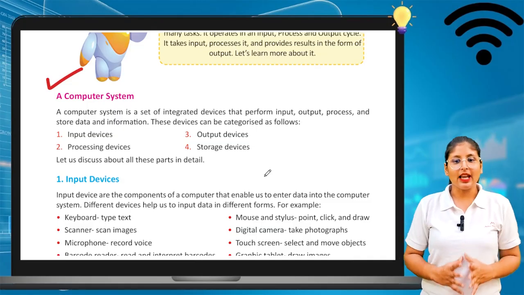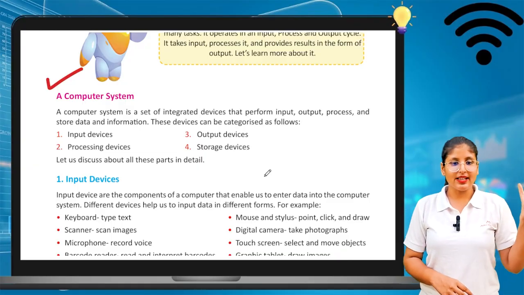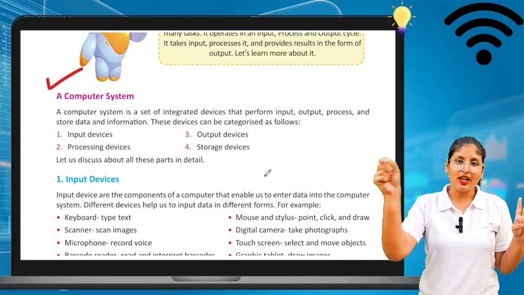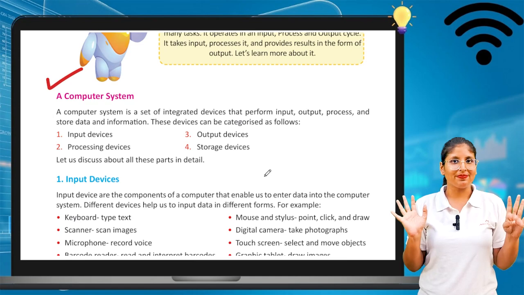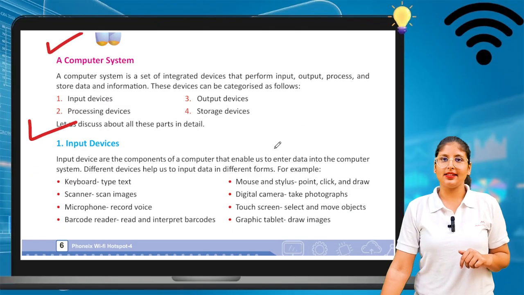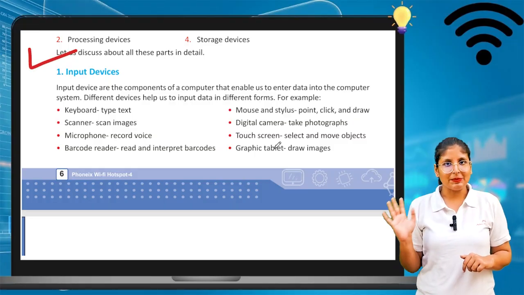These devices can be categorized as input device, output device, processing device and storage device. So all these four devices come under computer system. Let's discuss all these parts in detail, starting with input devices.